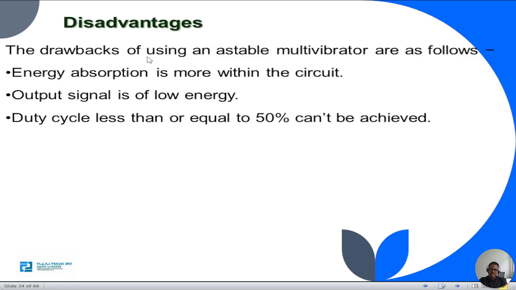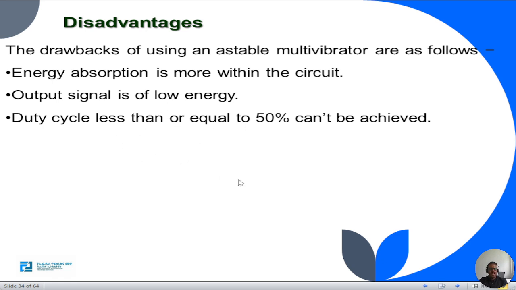The disadvantages or drawbacks of using an astable multivibrator are: energy absorption is more within the circuit, the output signal is of low energy, and a duty cycle of less than or equal to 50% cannot be achieved. So these three points are drawbacks when you compare it with other multivibrators.